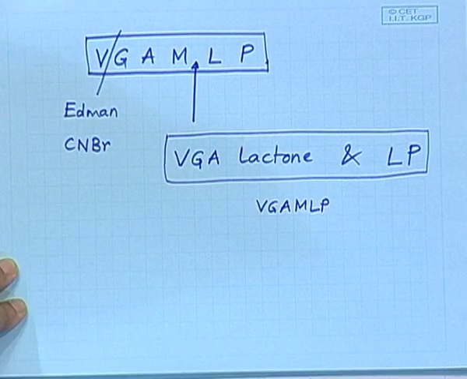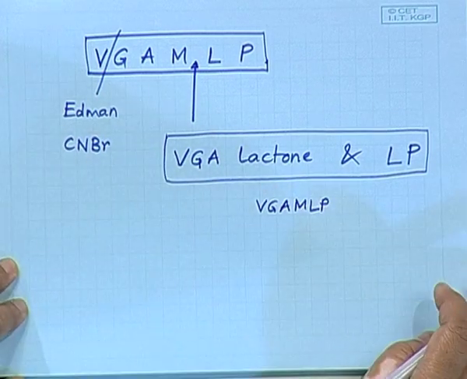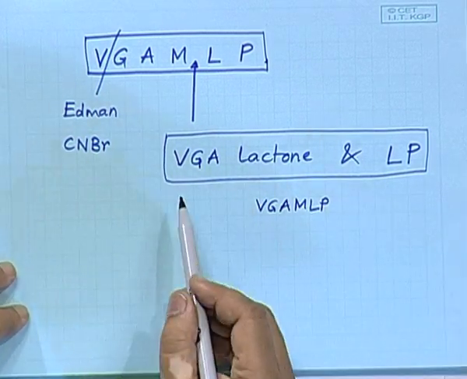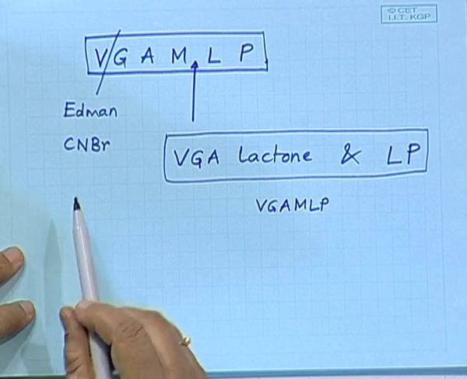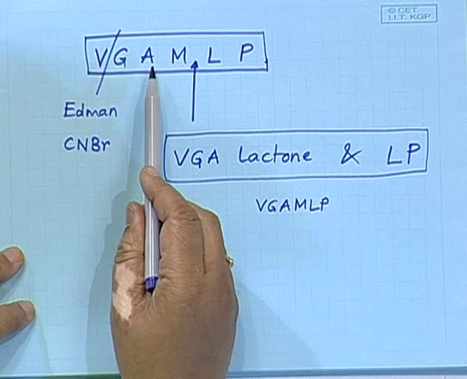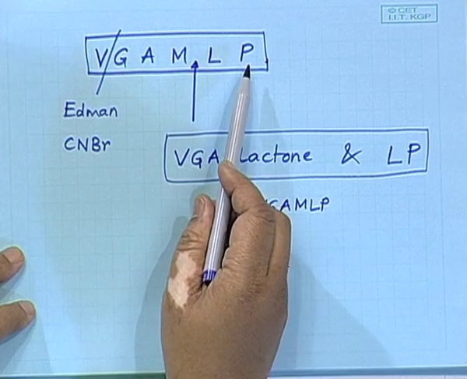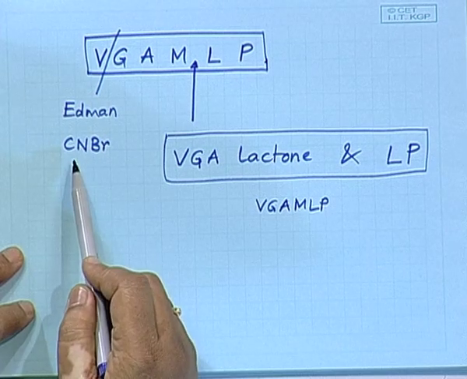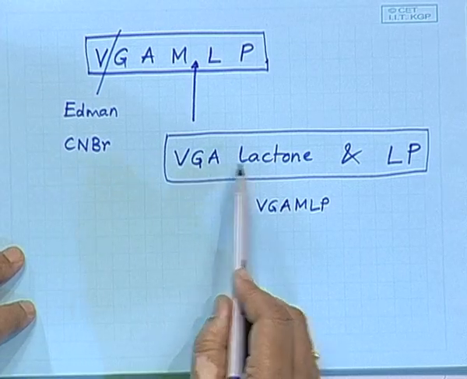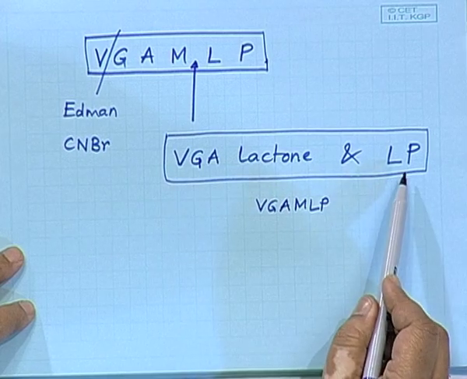Okay? Because I know. So now if I tell you that I have a particular sequence that is VGAMLP, I know that I treat it with CNBr, I am going to get a VGA lactone and LP.